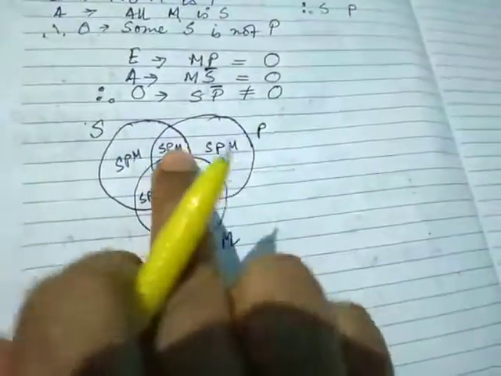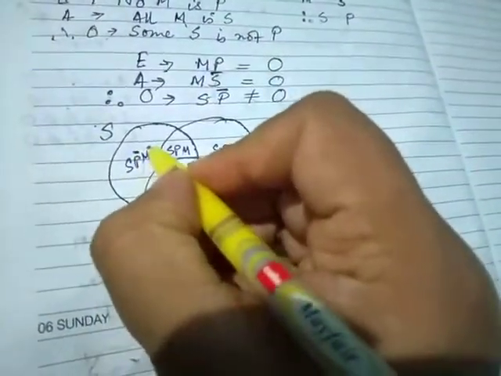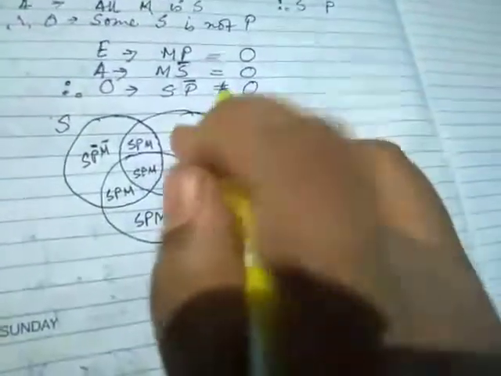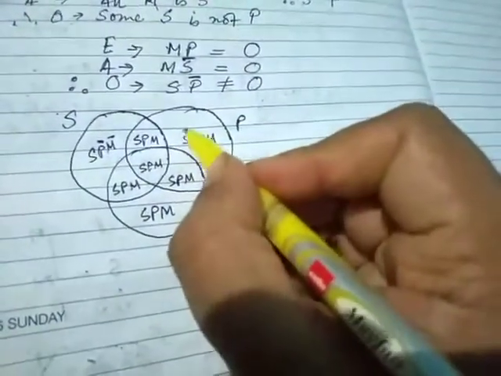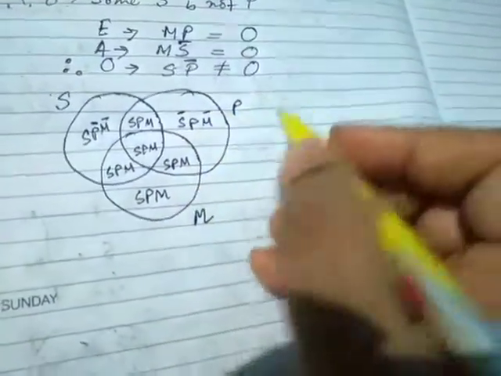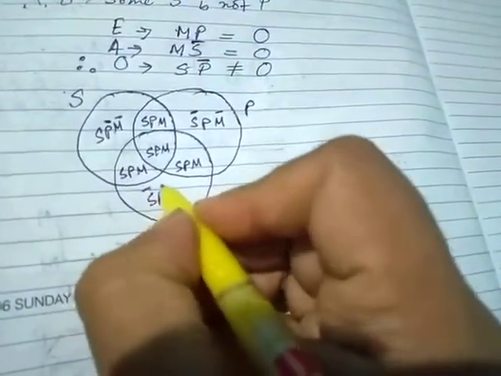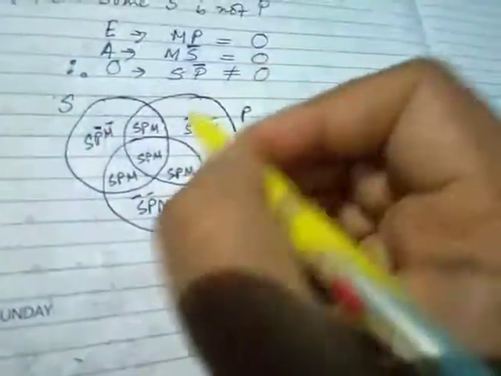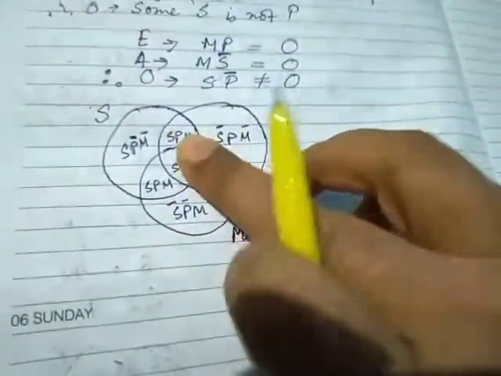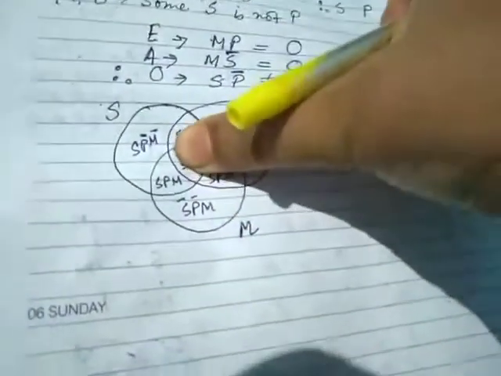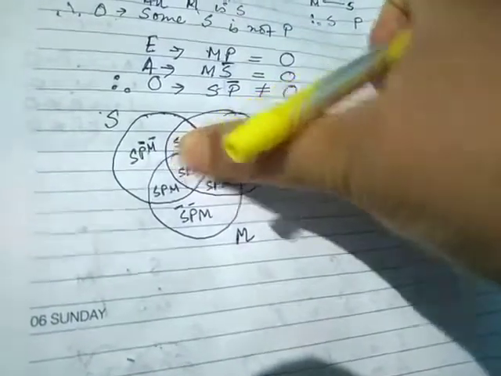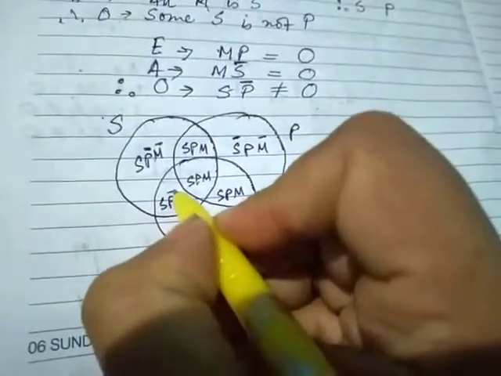Now in this section you can see only S is there, so I will put bar on the others. In this section only P is there, so I will put bar on S and M. In this section only M is there, so I will put bar on S P. Now in this section you can see S and M are there, P is not there, so I will put P bar.